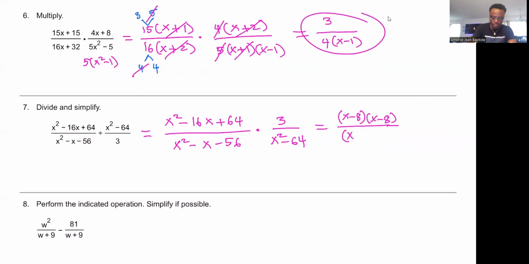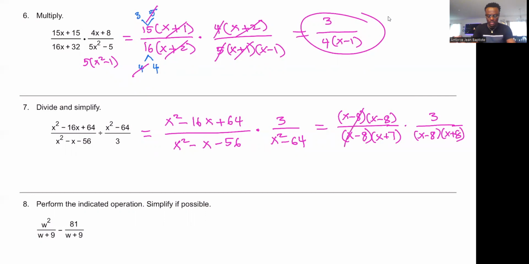So that's x minus 8 times x plus 7. We need to factor the second fraction as well. So 3 on top. And then that's x minus 8, difference of squares, x plus 8.